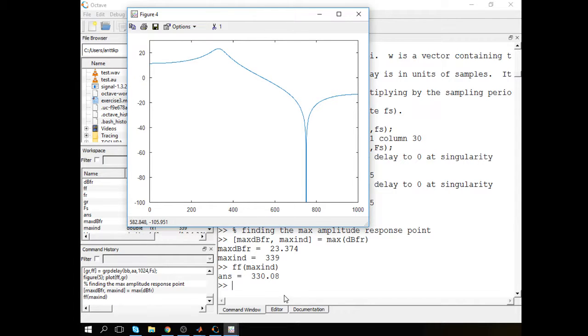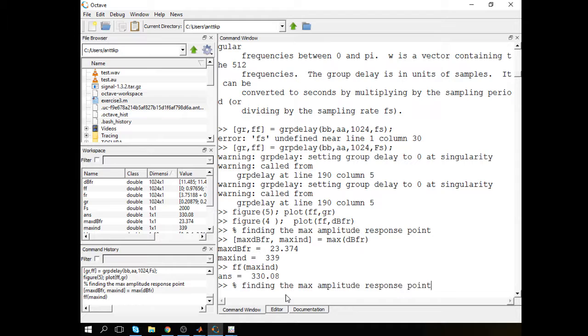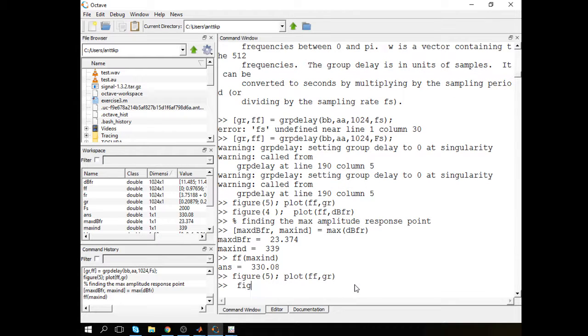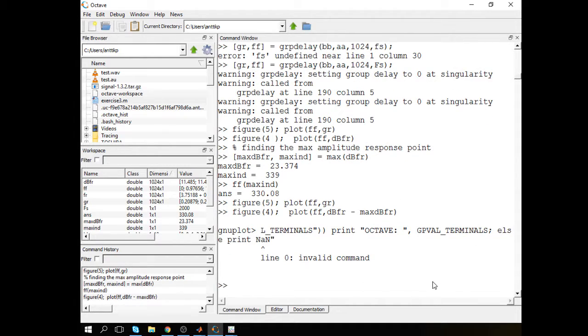Okay, meaning on this figure, the amplitude response should look like, oops, not like that. What did I do?